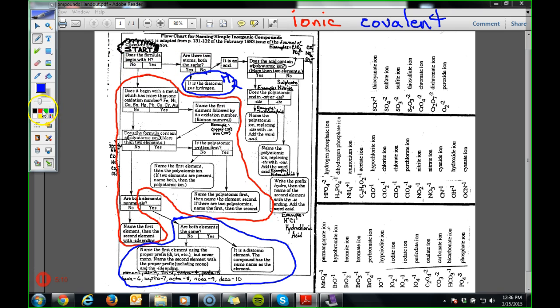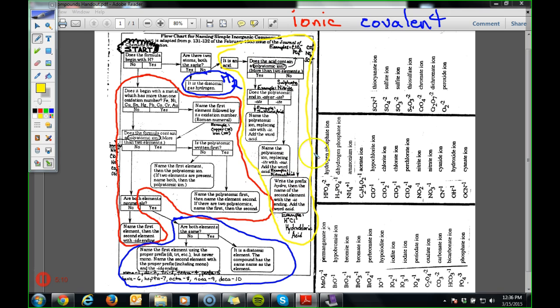But the other category, because sometimes you start with an H, and if it's not H2, you have an acid, we do have this entire third category over here, and sometimes the acid will have a polyatomic ion, so it's a little ionic, but sometimes it won't have an ion, it will just be a negative element, a nonmetal, and you go over here.